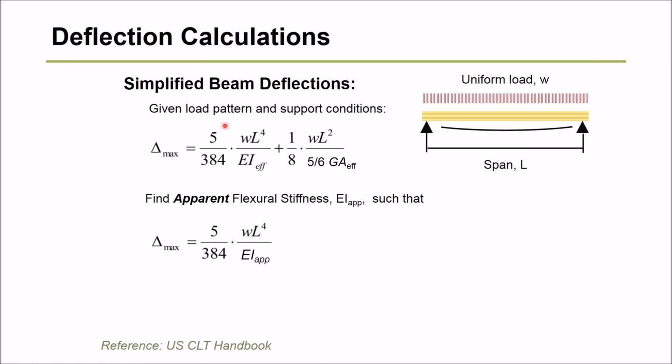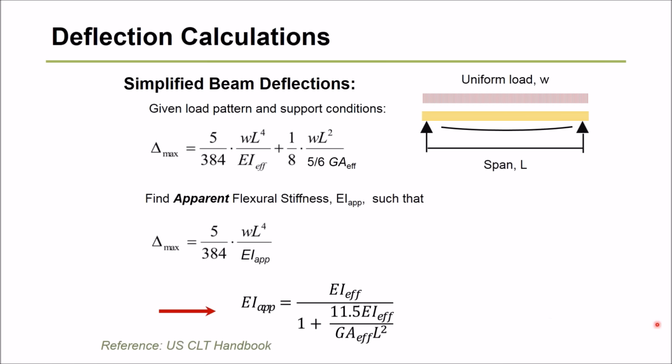So if we take our beam equation with both flexure and shear, and suppose we lump all the deflection into flexural behavior, this would be the simpler equation. If we equate these two equations and solve for EI apparent, we get a result that looks like this, where the EI apparent is a function of the flexural stiffness, the shear stiffness, and the span length.